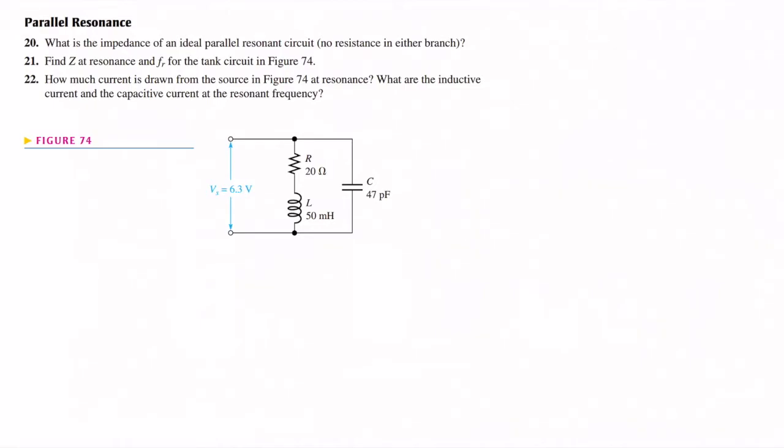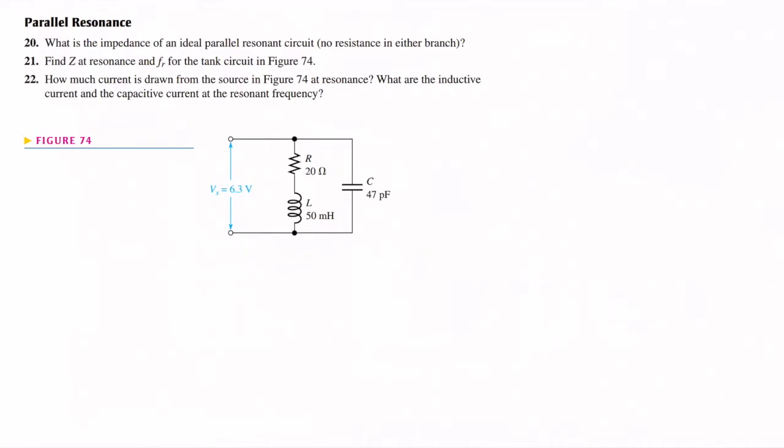The total current is zero because the current through the inductor and through the capacitor are equal. So they cancel each other out, which means as well that the inductive reactance is just equal to the capacitive reactance. So for the next question, find Z at resonance and FR for the tank circuit.